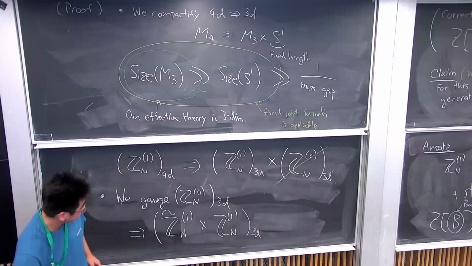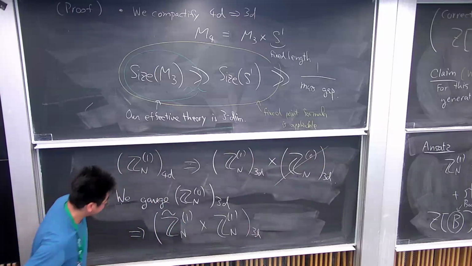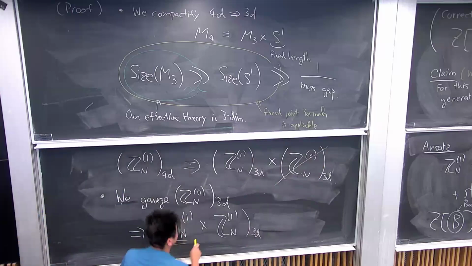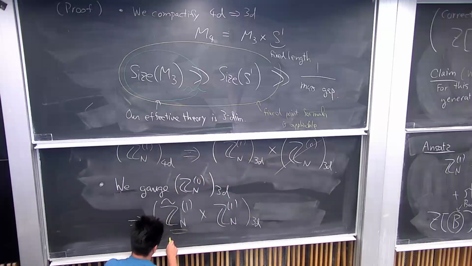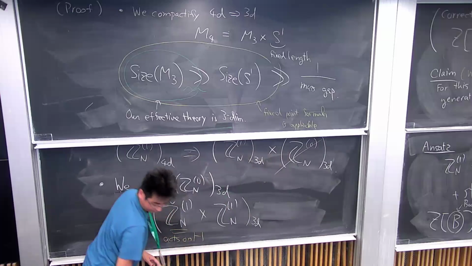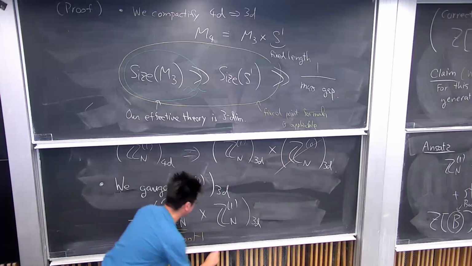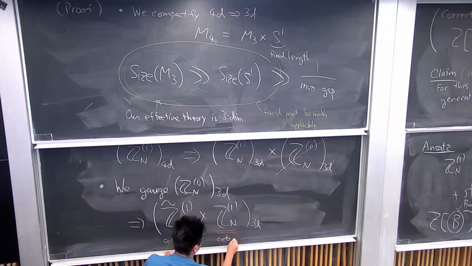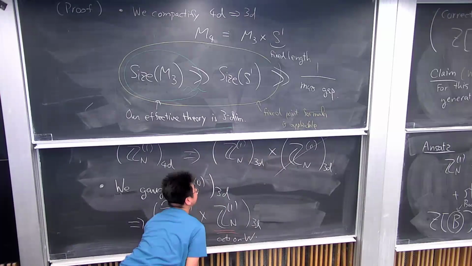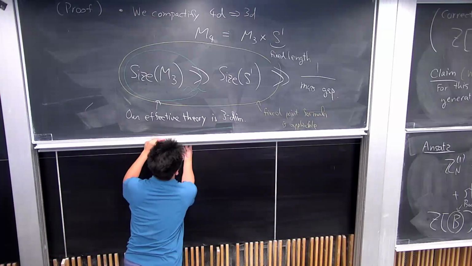And this part is a dual of the electric zero-form symmetry, and this acts on the 't Hooft loop, and the original one acts on the Wilson loop, living in three dimensions.